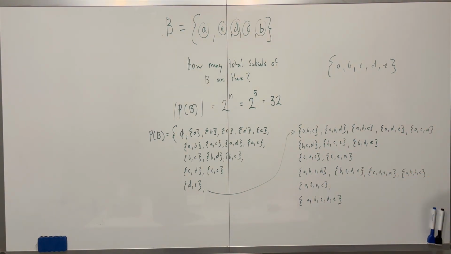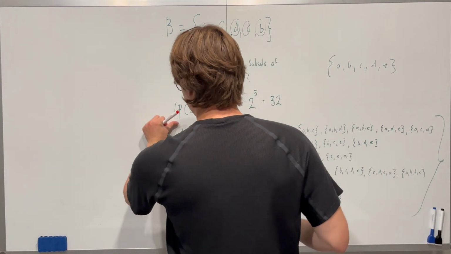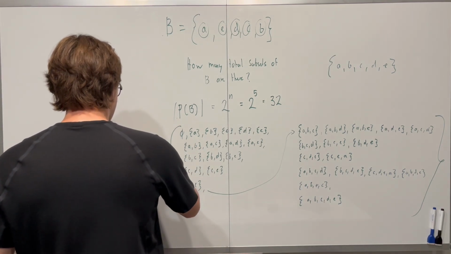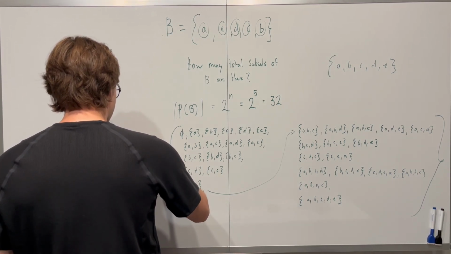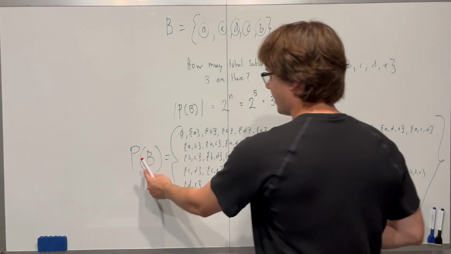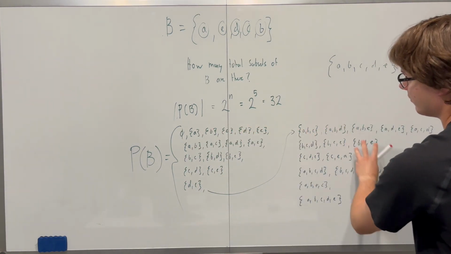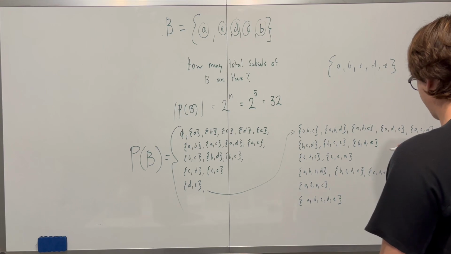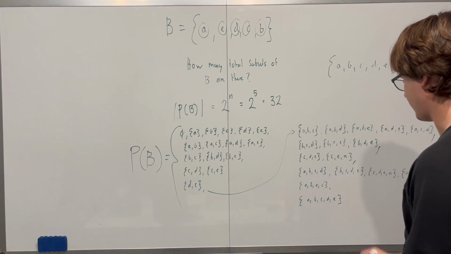This is very hard to do, but the point is that this is the entire, let me make these brackets bigger so it's a lot more obvious, this is in fact the power set of B, all of these sets. I drew this arrow to say it continues here. Okay.